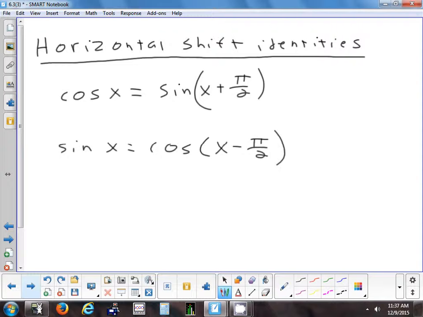So what this would allow us to do is we could take a problem that has sines or cosines in it and change it to something else. Right, so let's say I had a problem like sine of, we'll do it in degrees, sine of, I don't know, 50 degrees.